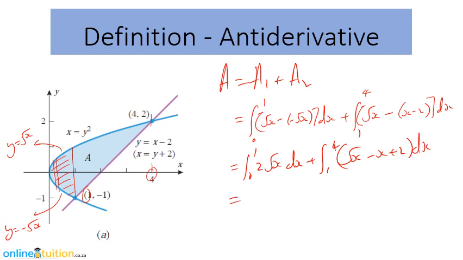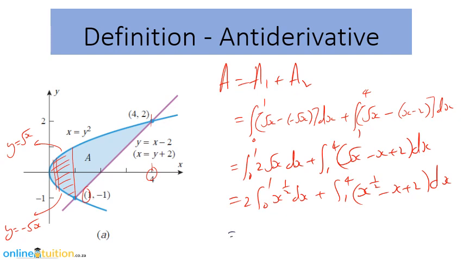The 2 is common, so write this as, not common, but it's a constant. You can take it out. Root x, remember we always wrote it as x to the power half, plus integral from 1 to 4. This would be x to the power half minus x plus 2. Watch the brackets, watch the brackets. And now we integrate. Do you recall what's the integral of x to the power half?